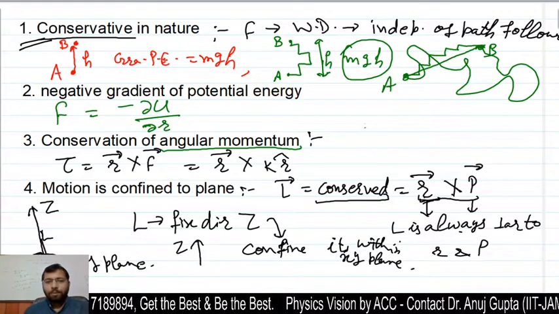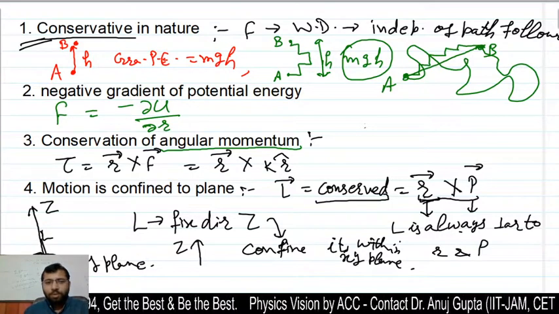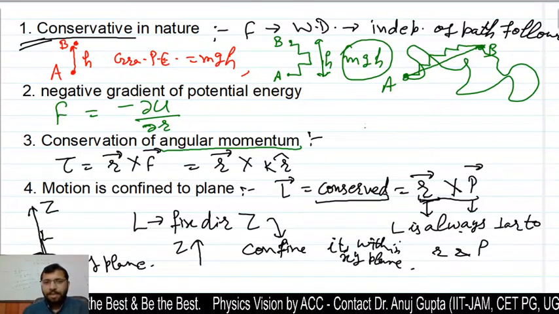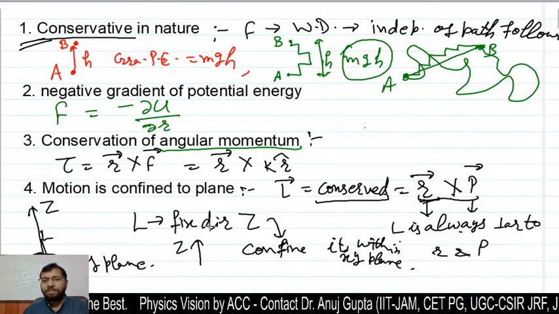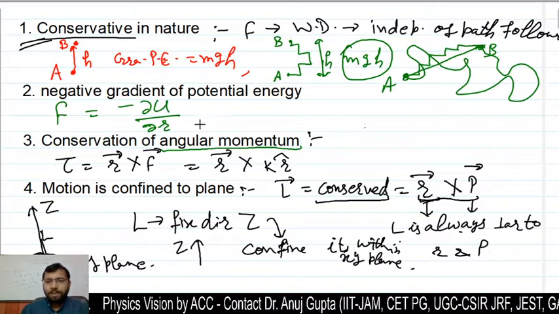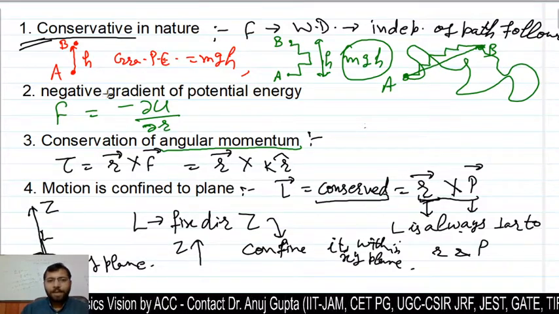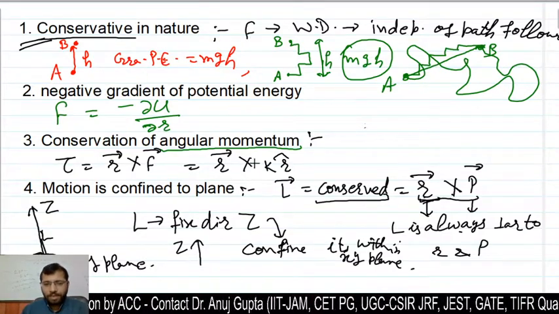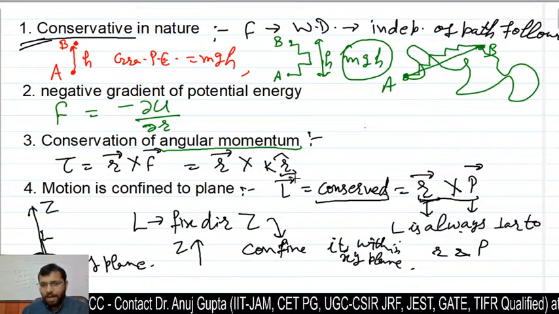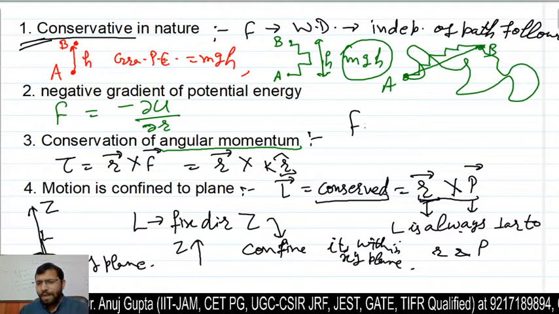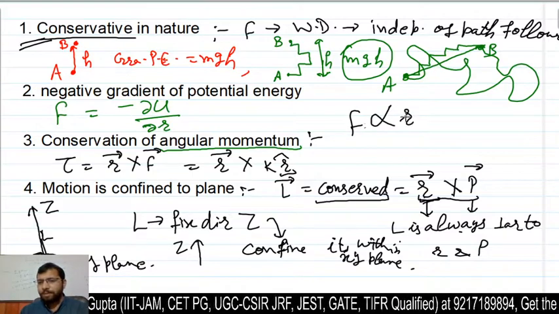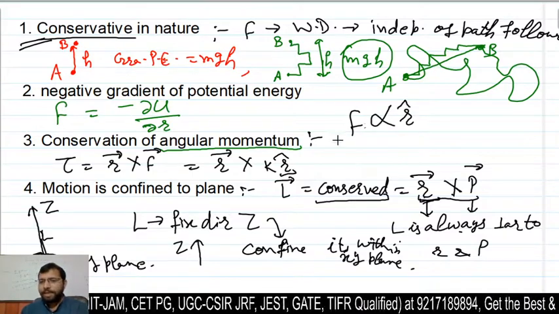So these are the few properties which we are going to use in this article. Next, one more important thing we need to discuss. Look, since we have already talked about gravitational force, it is a function of r. F depends upon r in this way, at least. It acts along this.